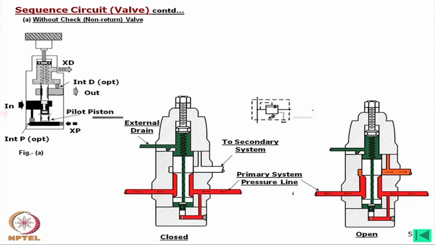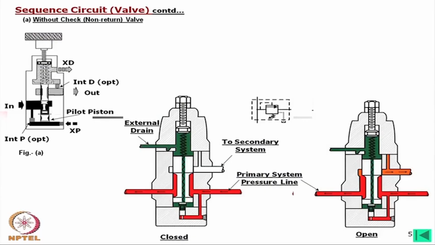Of course, we have to see that when the oil is coming back, we have to find some other path. Here in this case we have used a check valve, which is apparently an integral part of the sequence circuits I showed earlier.